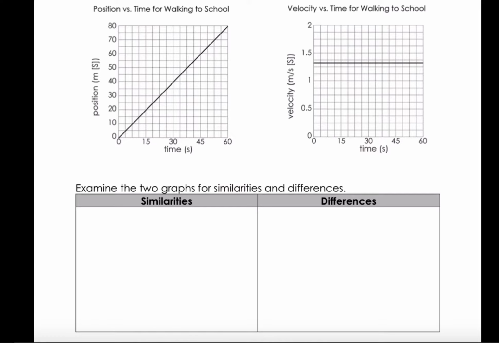Examining the two graphs, let's talk about some of their similarities and differences. To start, as far as their similarities, they both have the same time scale. They are both in seconds, and it jumps by increments of 15. The units are similar.